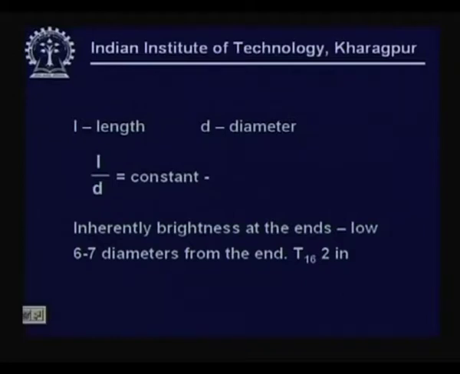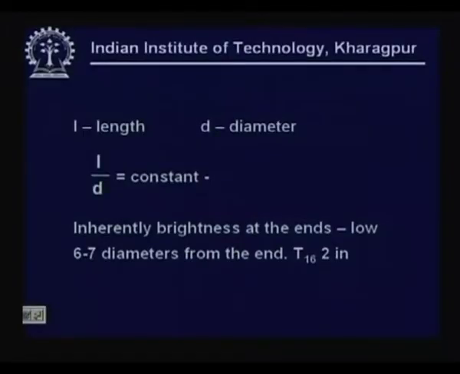See, the normal fluorescent lamp which we are using is around 24 mm, about an inch in diameter, which means about 6 inches from one end you expect reasonably uniform brightness to develop. So, that is why a very short fluorescent lamp tube may not be a very good idea.